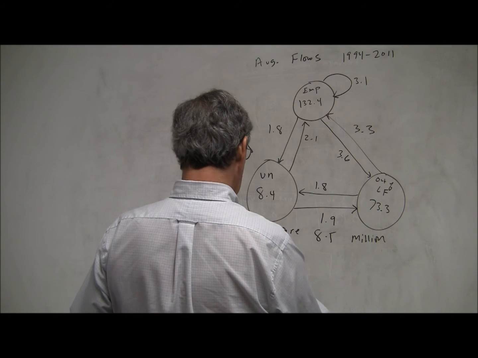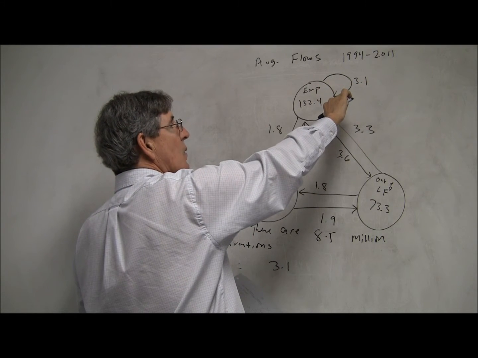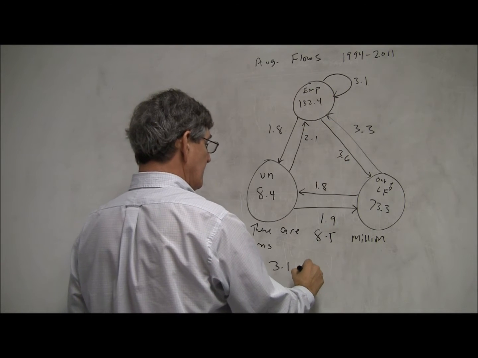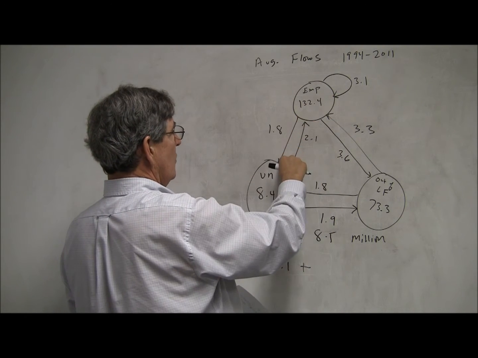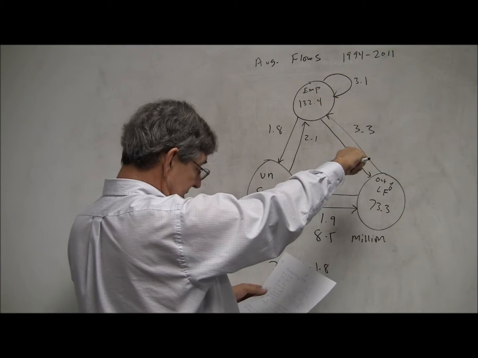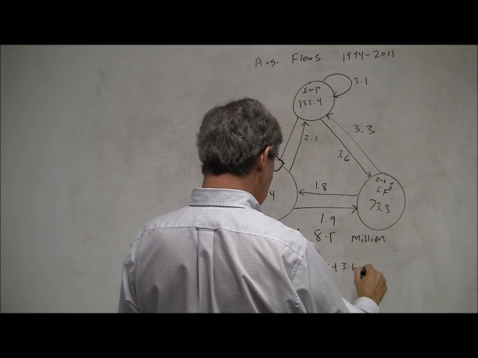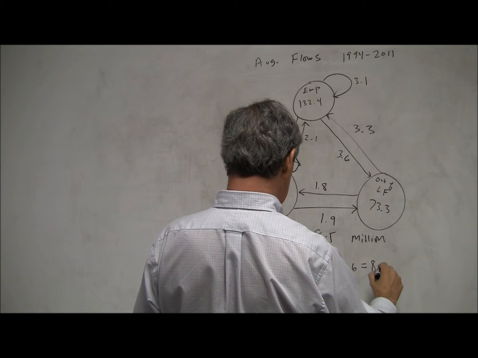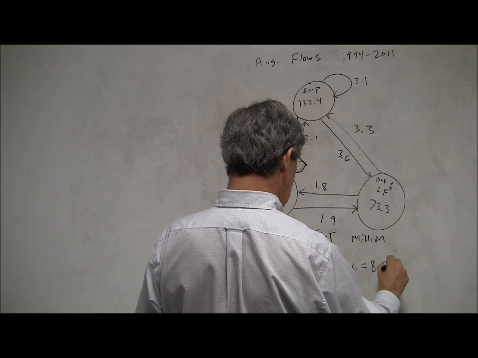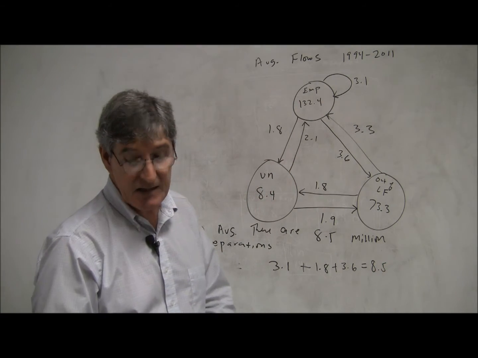The 3.1 are the people that are separated from one job and go right straight to another job, plus 1.8 become unemployed, and 3.6 leave the labor force altogether. If you add those up, you should get 8.5. So there's 8.5 million separations each month.